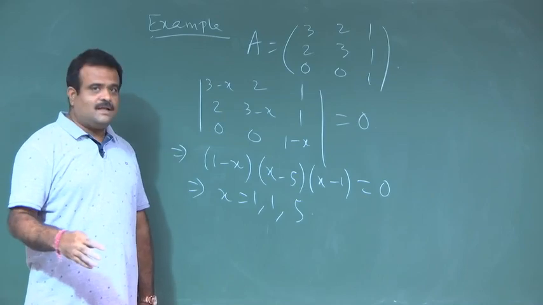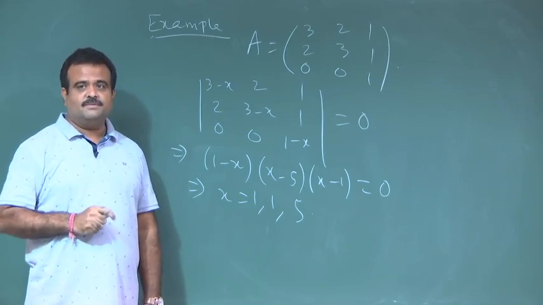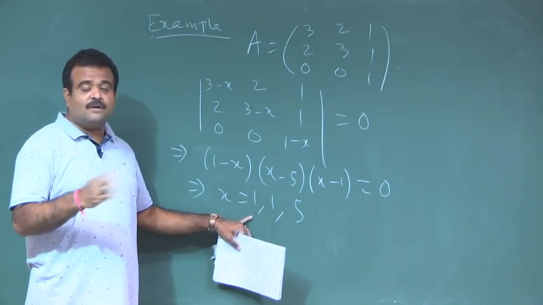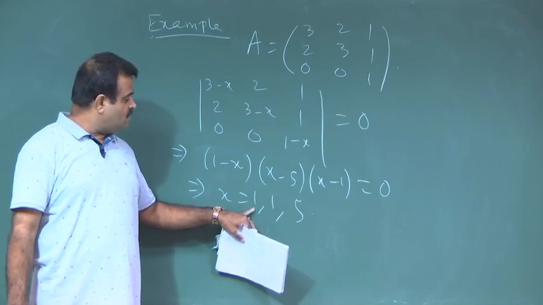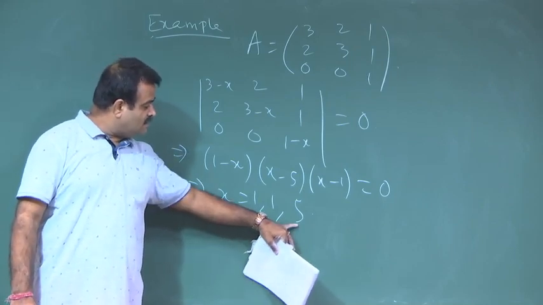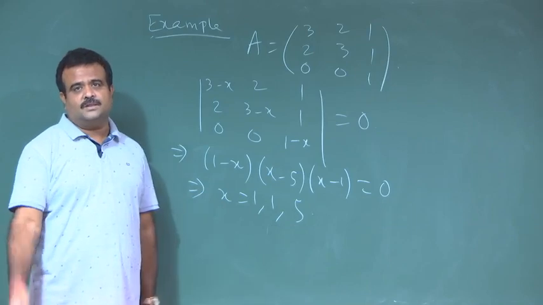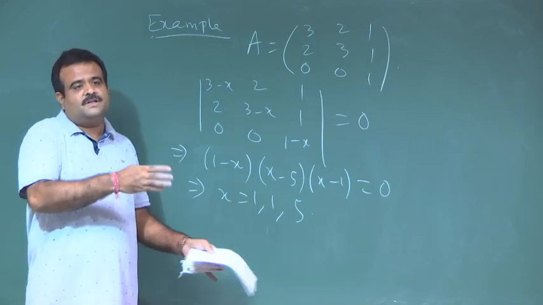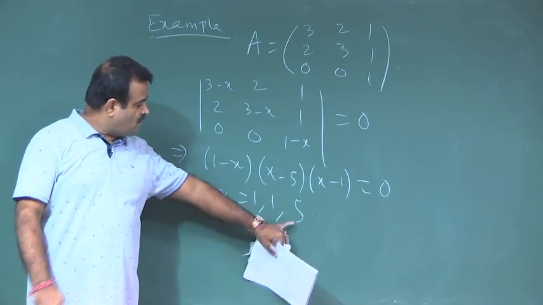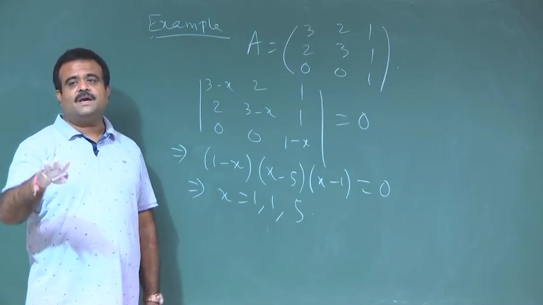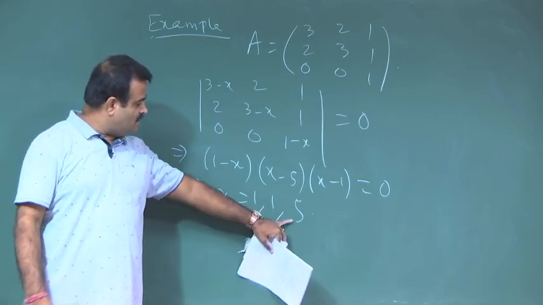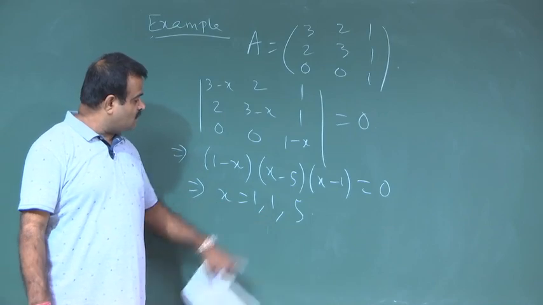Now we have to find their geometric multiplicity. For 5, the geometric multiplicity has to be at least 1, so for 5 we have no issue, we have an eigenvector. Now we have to check with 1.